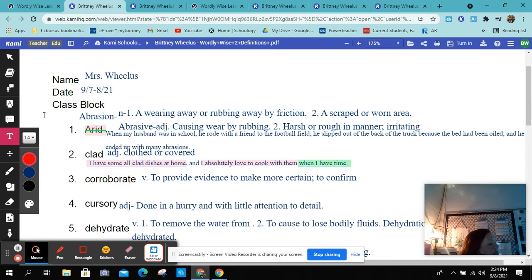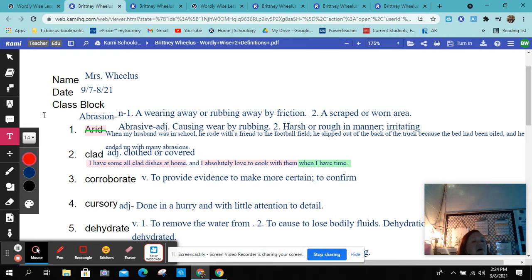Now, the word abrasion has 2 different meanings and then a different form. And that different form has 2 meanings. So you're looking at 2 parts of speech and 4 total meanings.